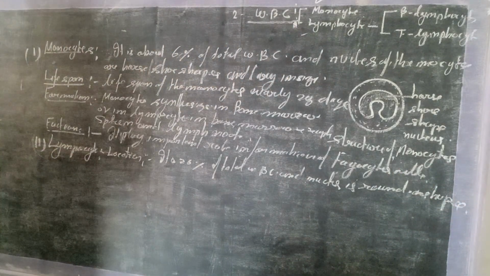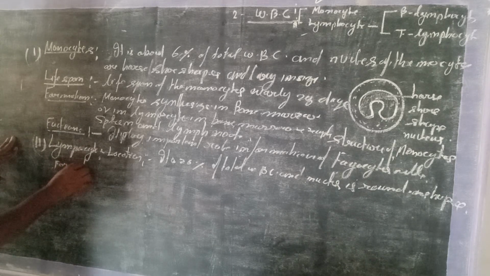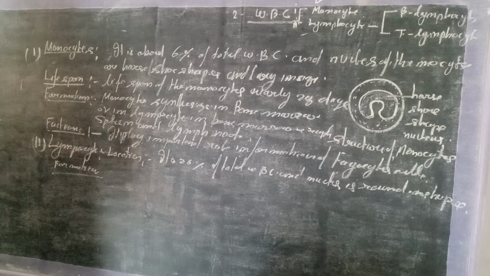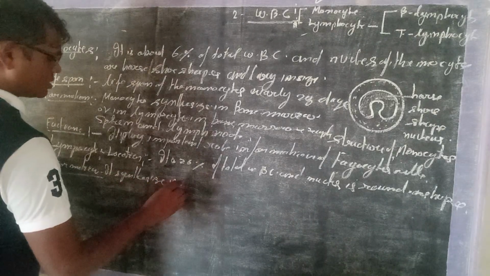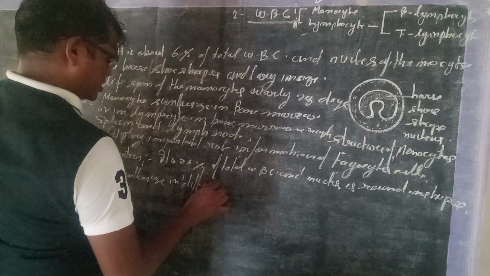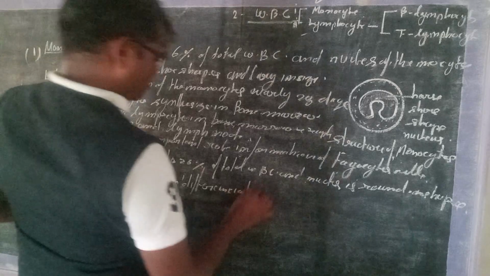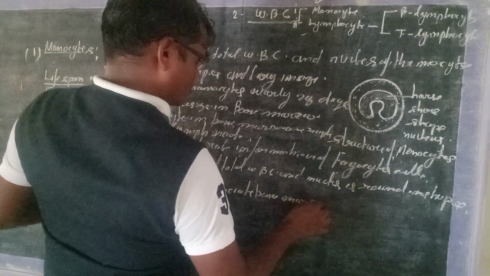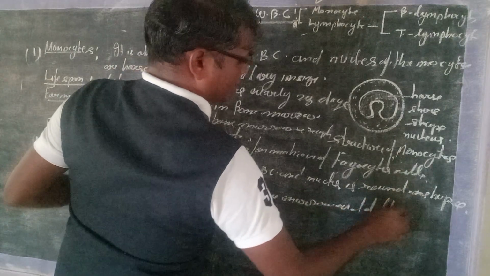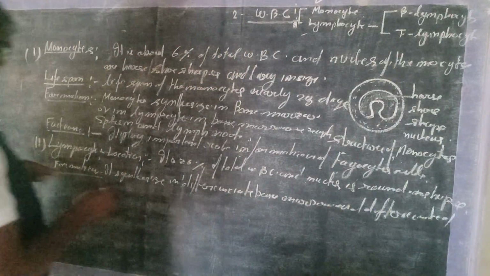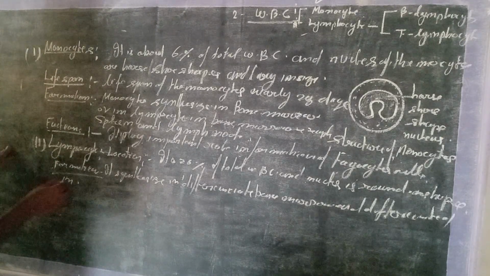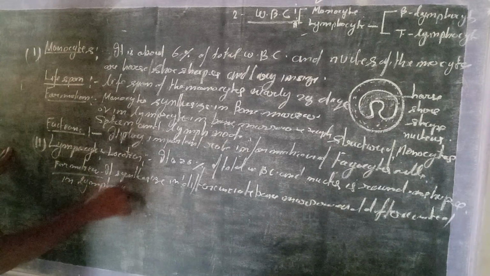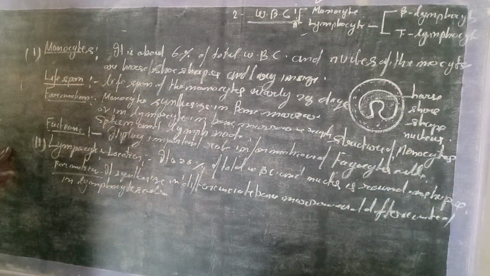Where do they form? They are synthesized in bone marrow, where bone marrow cells differentiate into lymphocyte cells.